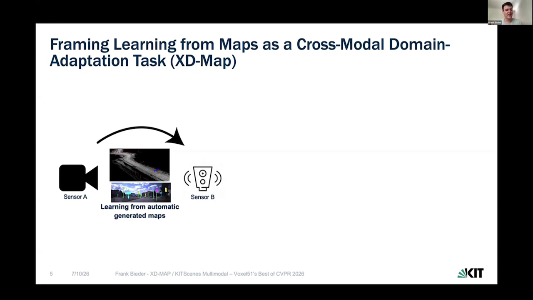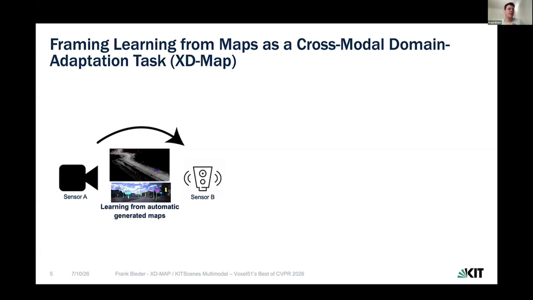Of course, if I have a very similar new camera, it's not a problem. I suffer a little bit of domain gap, produce a very limited amount of training data for fine-tuning the models, and I'm good to go. But sometimes, because of the sensor mounting or the sensor modality, I have such a big domain gap that this is not sufficient. So what we were looking into is, can we automatically generate maps?